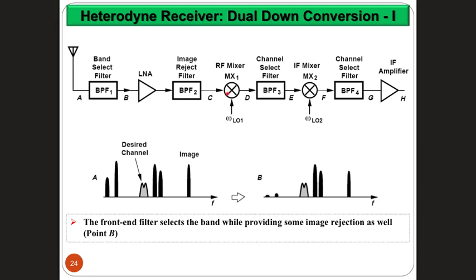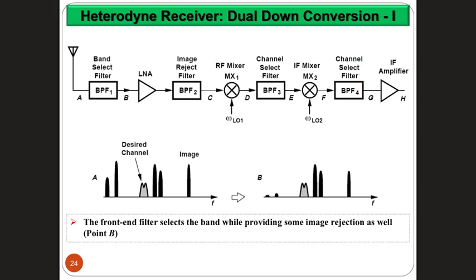Then you go through the first local oscillator, you bring it to a first intermediate frequency, IF1, after band pass filtering. And then you actually do some second intermediate stage, brought down through a second local oscillator to IF2. And here at this part, you do actually the channel selection of your channel.